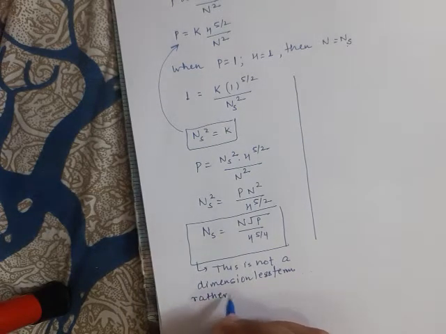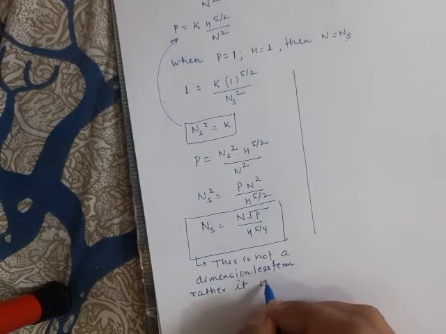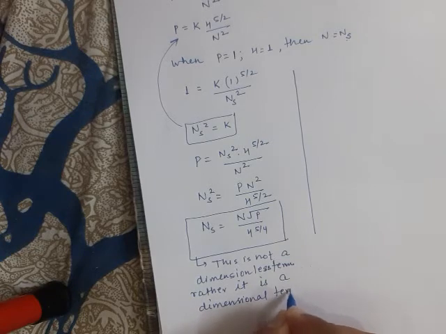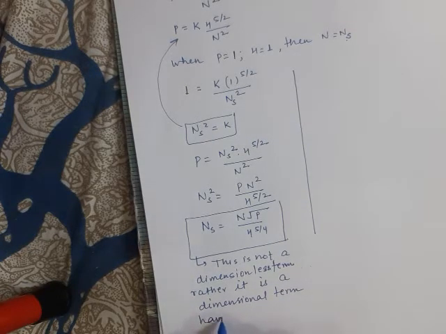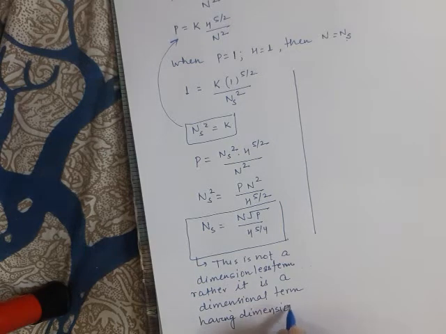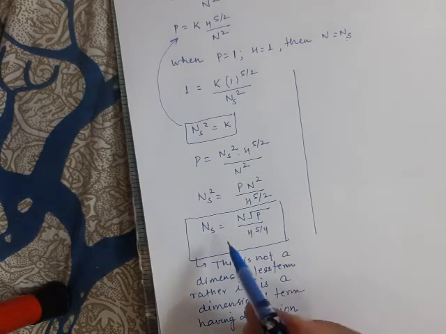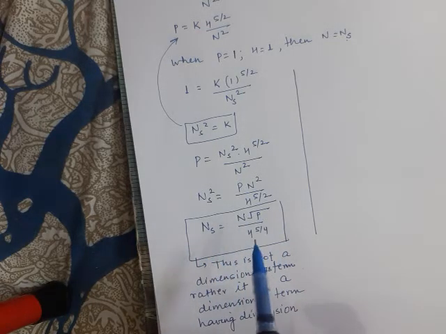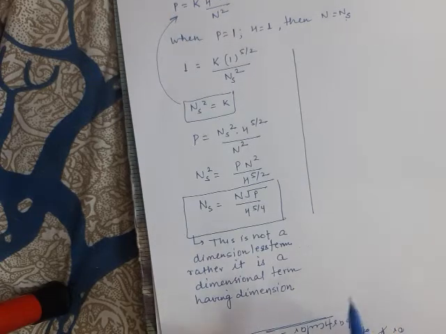It is a dimensional term. Some of the authors may confuse you that specific speed is a dimensionless term. No, it is not. Rather, it is a dimensional term, and it has dimension.